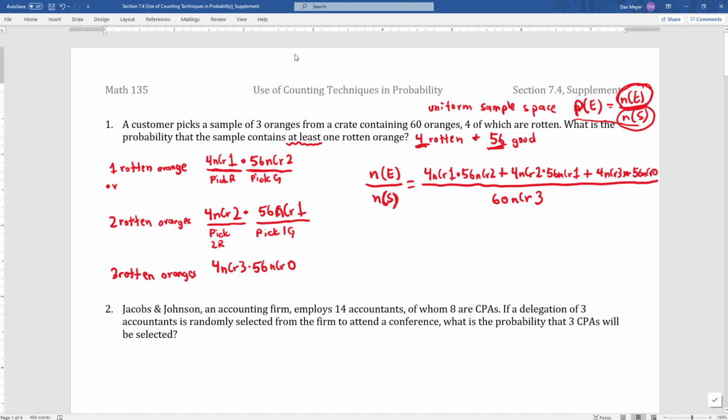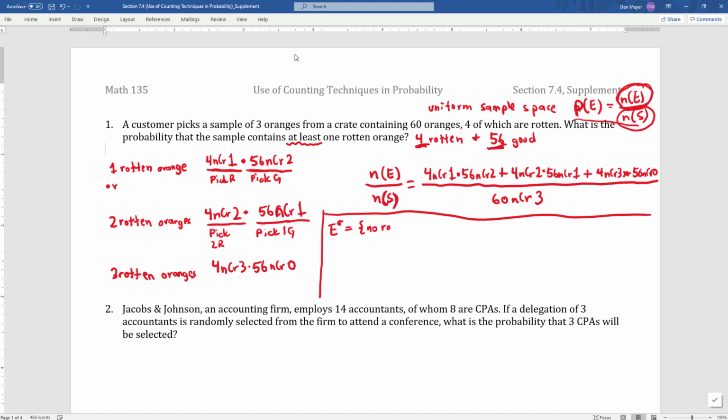With any at least or at most problem, there is also a partition strategy where we look at the complement. In this case, our event E complement is, let's see, the opposite of at least 1 is none.